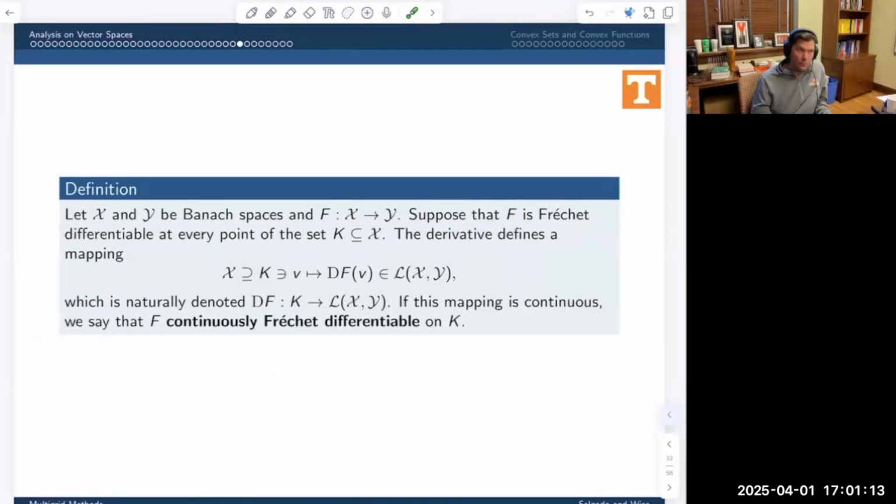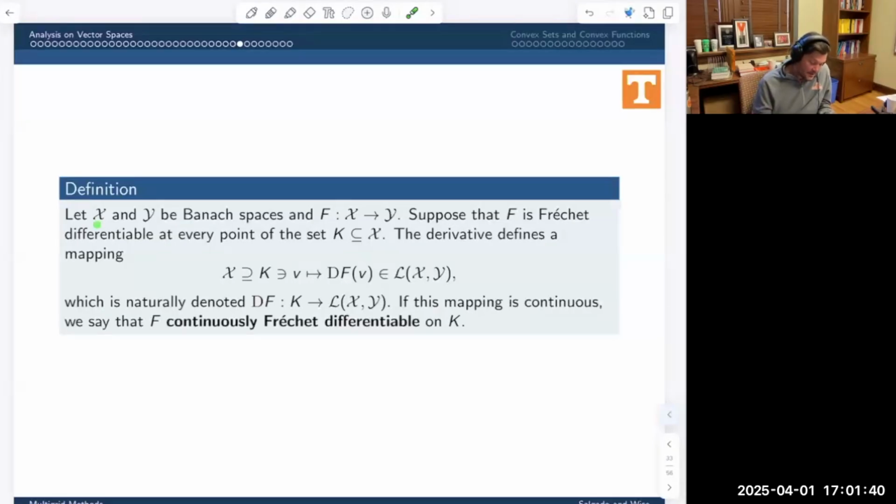Okay, now once we have a functional and we determine that it is going to be Fréchet differentiable at a point, we can then ask, well, is that derivative a continuous function? If the derivative is a continuous function, then we say it's continuously differentiable, the same as if we're dealing with the usual functions of real variables.